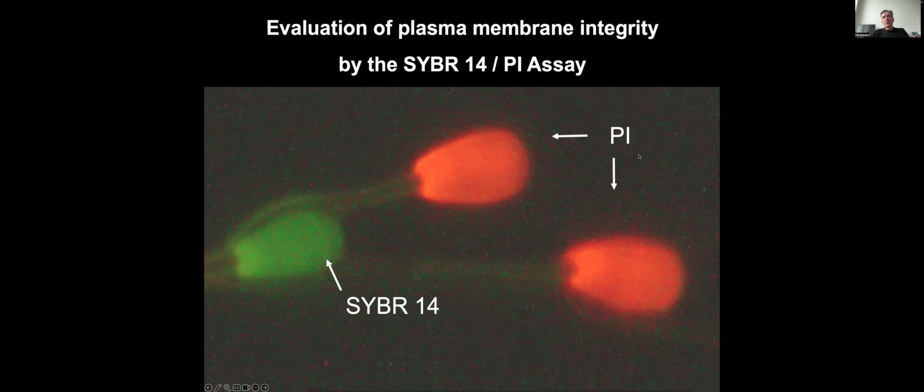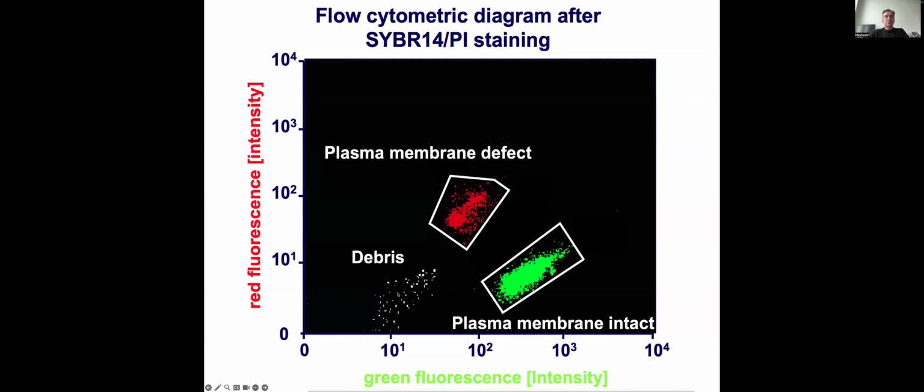And propidium iodide is only able to penetrate the cell if the plasma membrane is damaged. And therefore, you see the red color if the plasma membrane is defect, and green if it is intact.